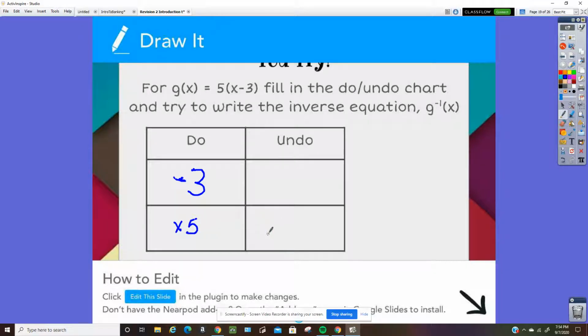And then I'll show you what happens if I do the distributive property first. To do the inverse, I would divide by 5 and then add 3.